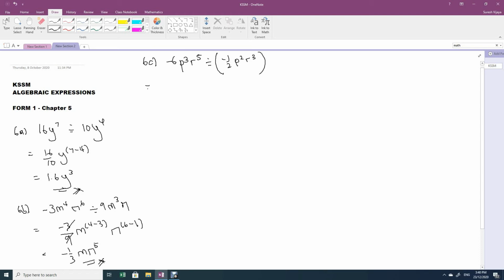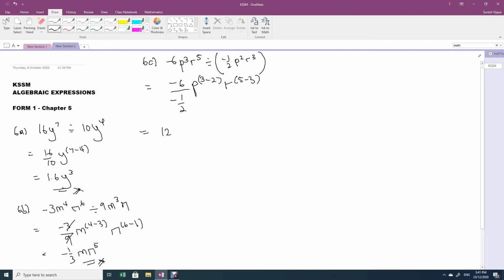Solve the numbers first: negative 6 divided by negative 1 over 2 will be 12.